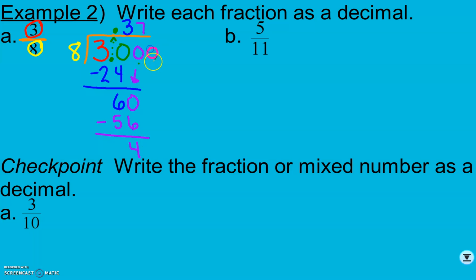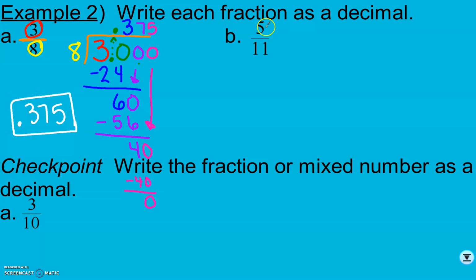Put another 0, bring it down. 8 goes into 40 5 times. When I multiply it back, I get 40. Subtract, remainder 0. So once our remainder is 0, my decimal has terminated. So 3/8 is the same as 0.375.